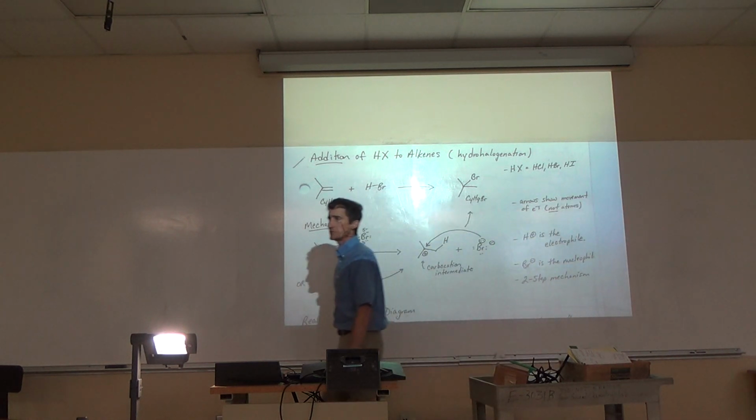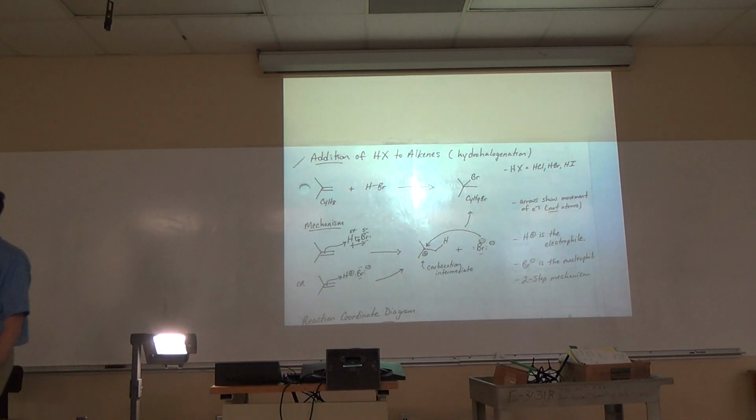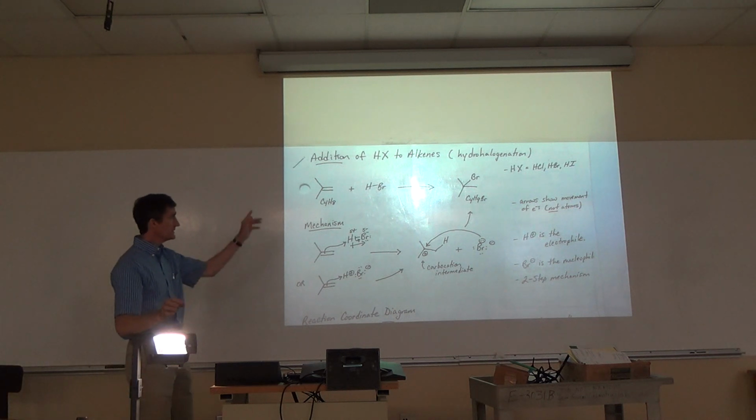There are only about 5 or 6 types of reactions in chemistry. Addition, elimination, substitution, where in organic chemistry you call it a replacement reaction, and combustion. Okay, this is an addition reaction.